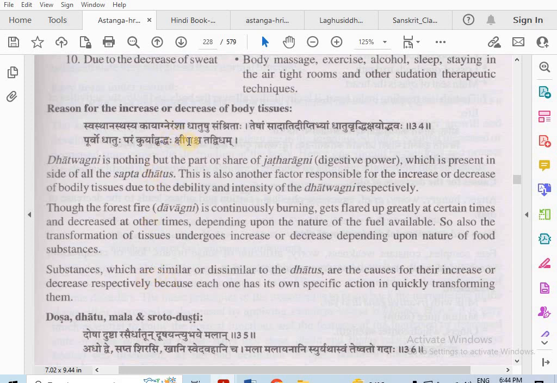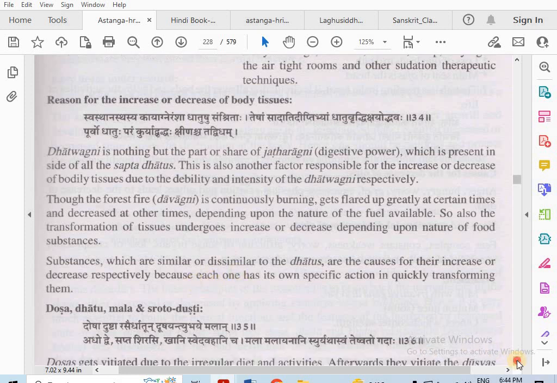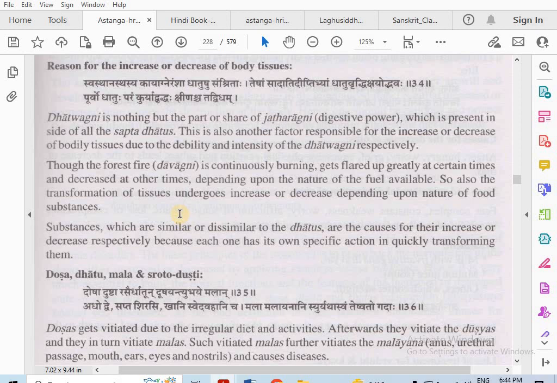particularly shlokas are not given here for this, but just a general statement that depending on the substances, whatever the specific. So here they are talking about the substances that we are taking, which are similar or dissimilar to dhatus.